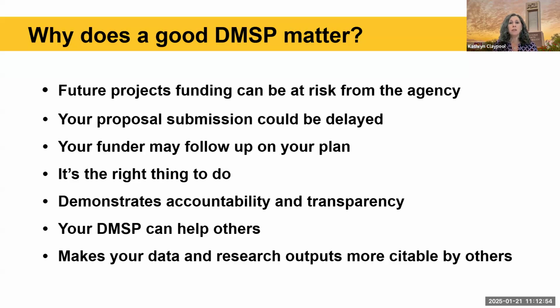And your methods could be really robust, especially if you're doing machine learning or AI or anything around research that has a lot of methods or a lot of steps around it. So when you think about this package that you'll be putting together to publish your data, it's really more robust, and it's like a methods package is what I like to think of it as. And that package can be cited.